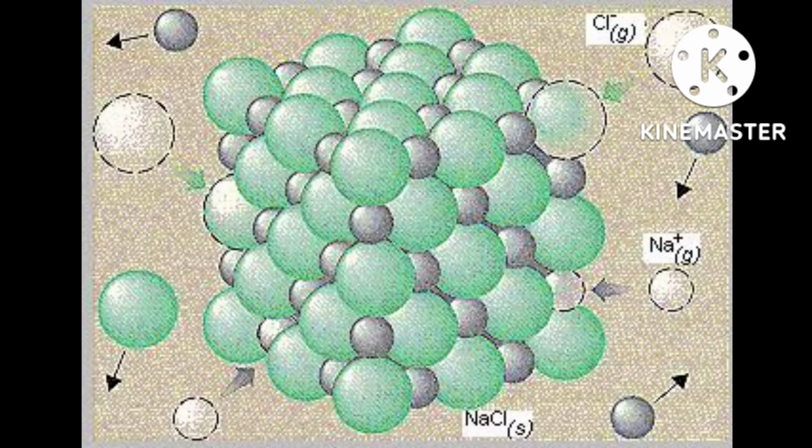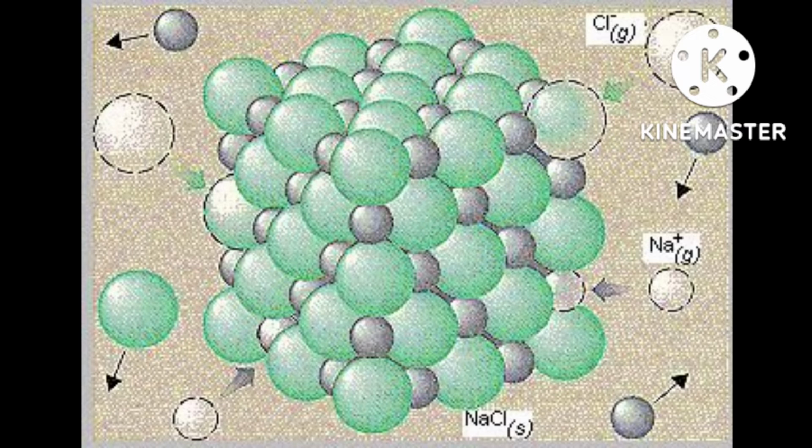You can see in that diagram, suppose AB is NaCl. AB is the substance, capital A, small a, capital B. You consider it as NaCl. If you put it in water, what will happen? NaCl is solid, Na plus Cl minus.